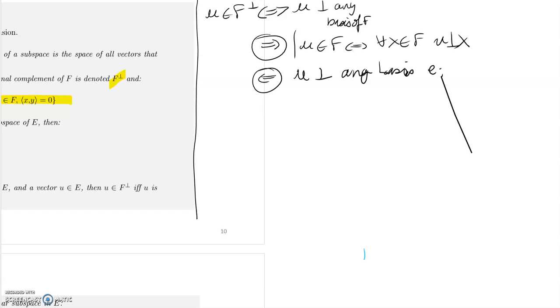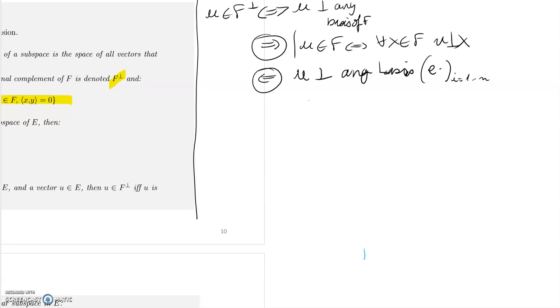We are in a Euclidean space, so i is from 1 to n. We know we have a basis, so we have a finite number of elements in our case. And so we know that, let me try to erase that ugly stuff here.